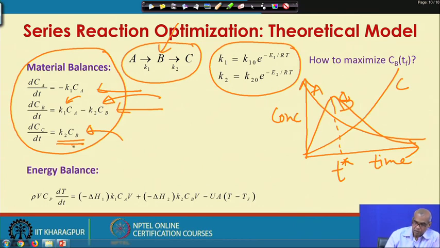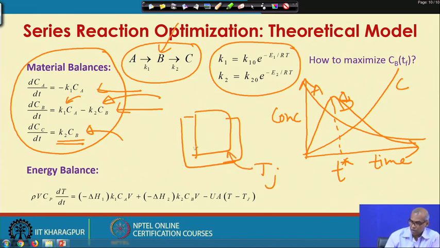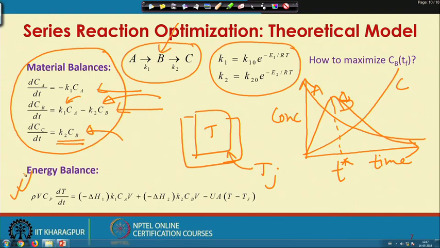If it is an exothermic reaction, then you have this reactor and around the reactor you have a cooling jacket. So, this jacket temperature is Tj and the reactor temperature is T. So, you have to write down an energy balance equation.